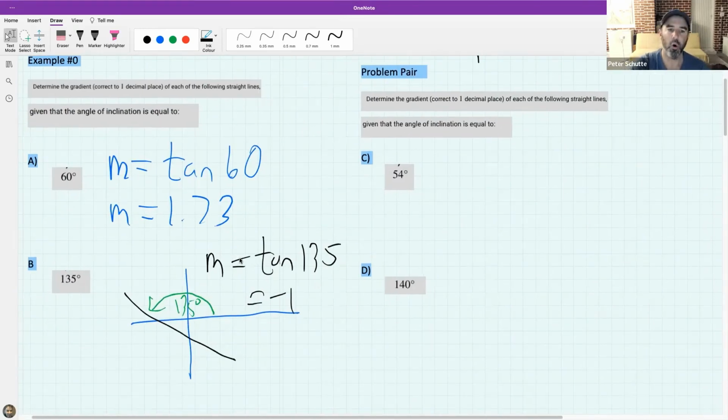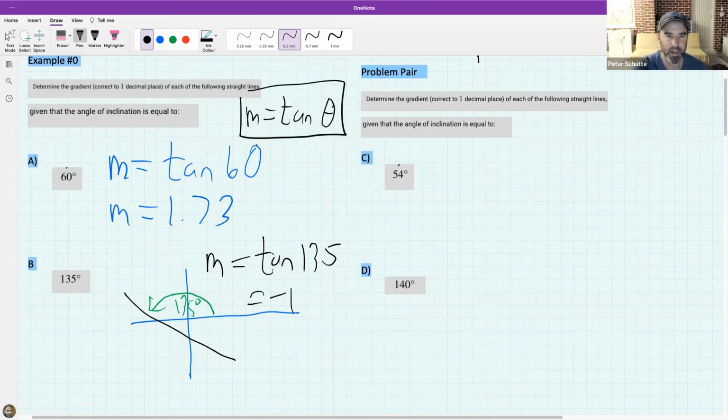That's perfect. All I'm doing is I'm using the formula M equals tan theta, which is a formula that we use for the angle of inclination. And if the question says to you that the angle of inclination is 60, then to get the gradient of that straight line, I just put that into my calculator, and then the gradient when the angle of inclination is 60 is going to be 1.73.